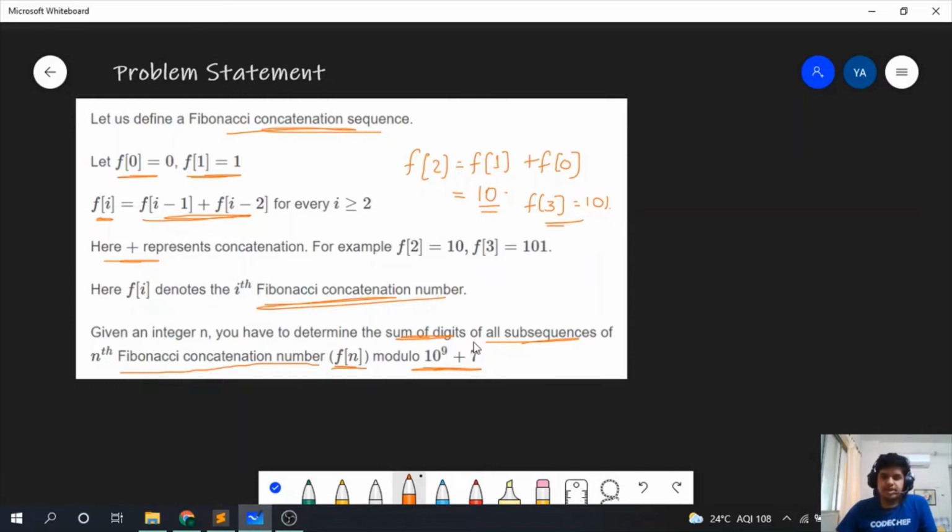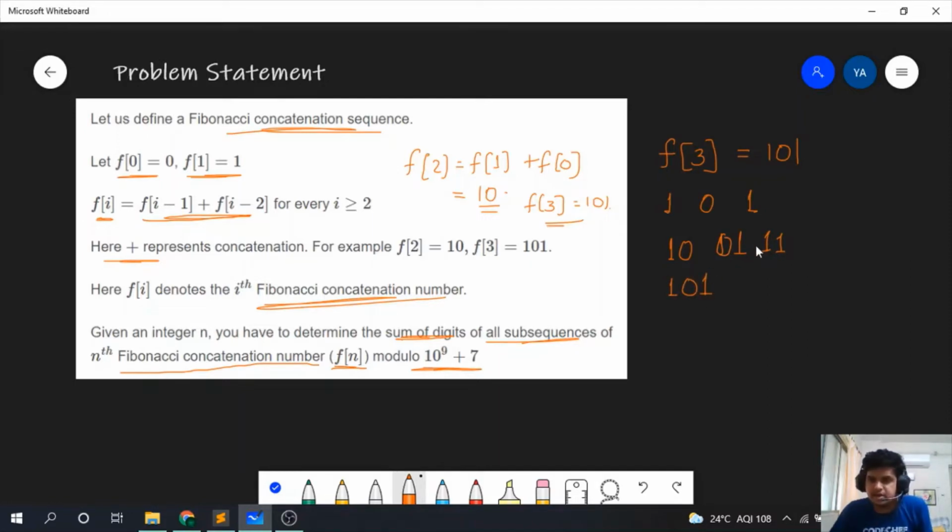So let us see a quick example. Let us consider f of 3. So f of 3 is 1 0 1, right? Now what are the subsequences of this 1 0 1? So 1 0 1, then 1 0, 0 1, and 1 1, and then 1 0 1.